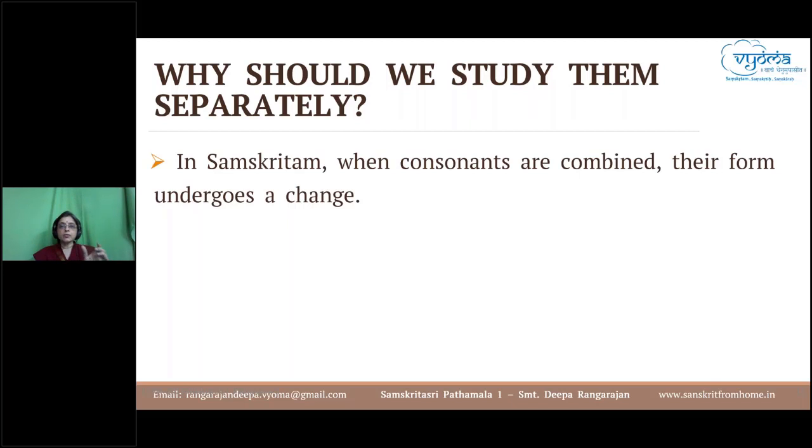Their shape or the form itself varies according to the other consonant with which it combines. So you need to be familiar with the different combinations and their forms. That is why we are studying them under a separate head called SamuktAksharAs.